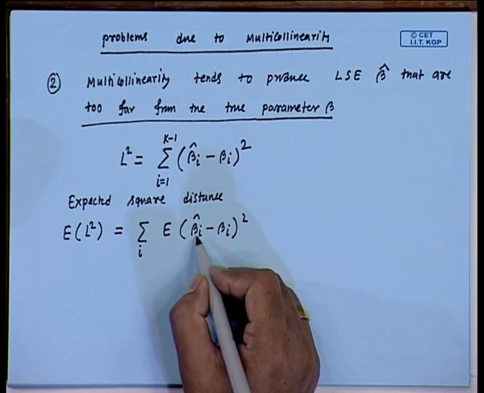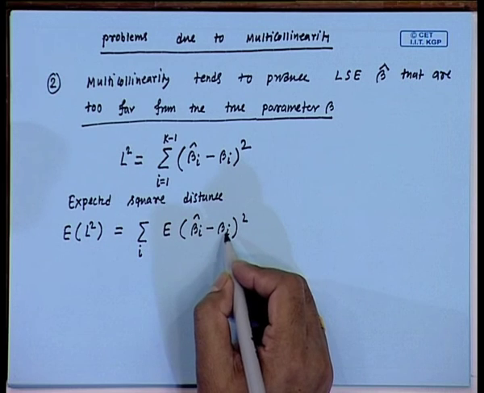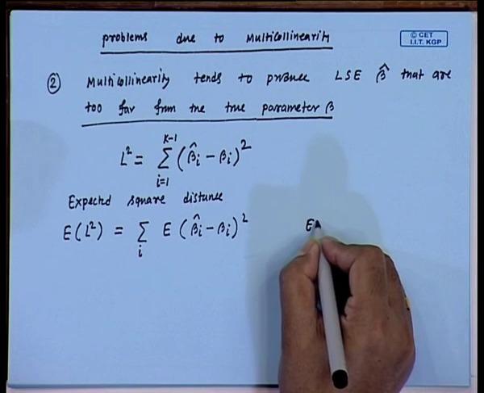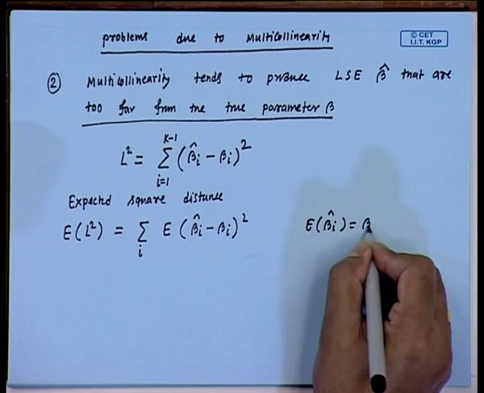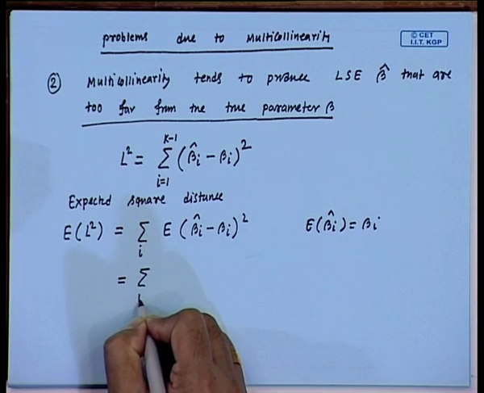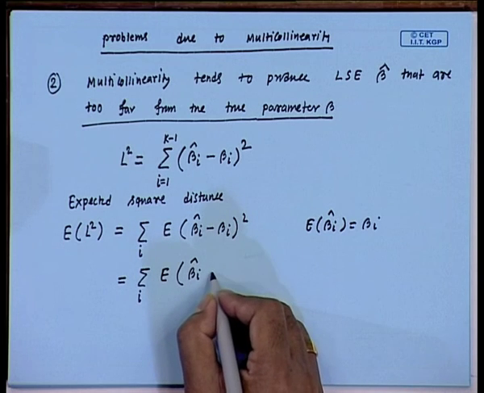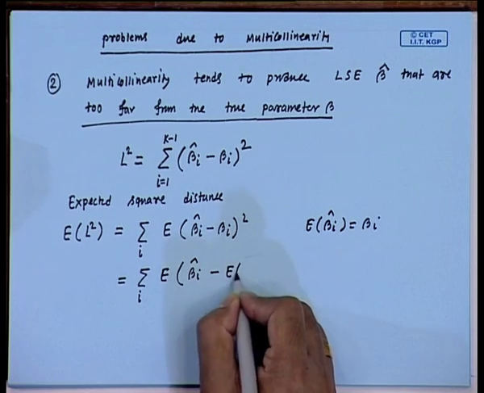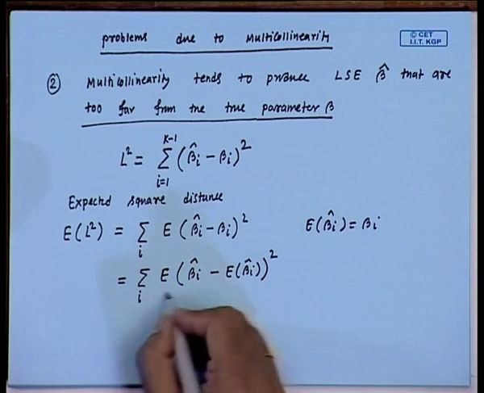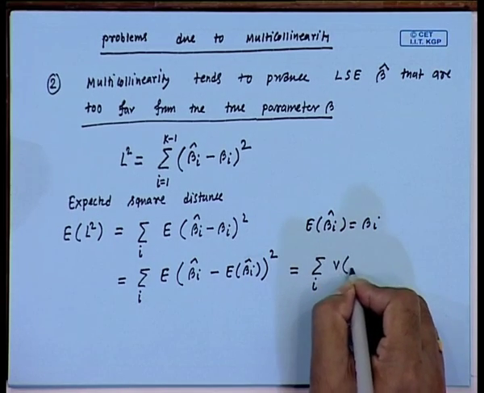We know that beta I hat is the least square estimate of beta I, and that least square estimates are unbiased, so the expected value of beta I hat is equal to beta I. So this is nothing but the expected value of beta I hat minus the expectation of beta I hat, squared, and this is nothing but the variance of beta I hat.